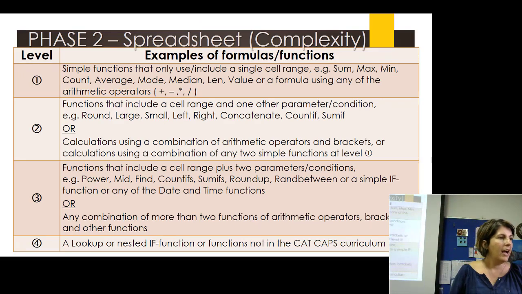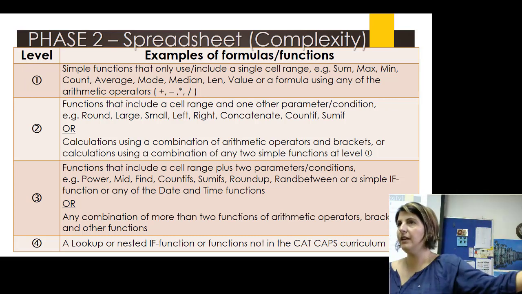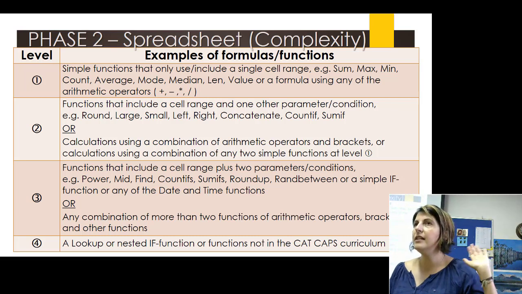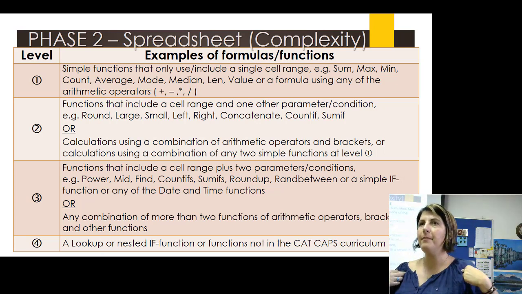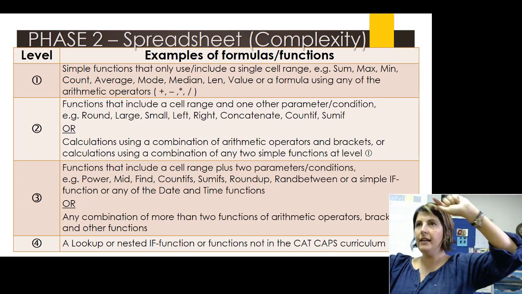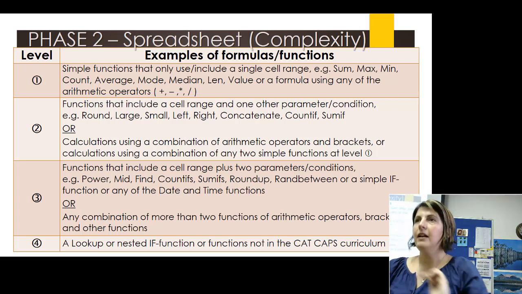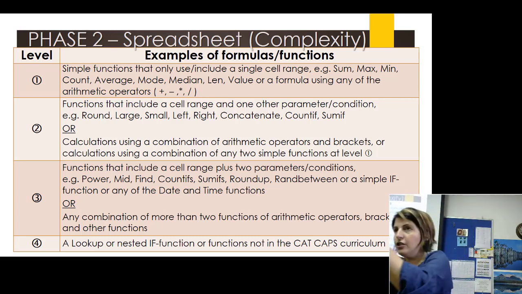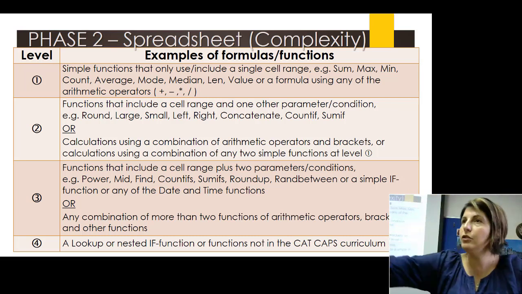Okay, let's see. Here, they can get marks, right? So the LEN will give them a mark here, because it says simple functions, single, straightforward, one-parameter functions. I like the parameter thing, because level 1, a SUM, has one bracket with one cell reference. One parameter. A function like LARGE has a bracket, something, comma, something: 2 parameters.